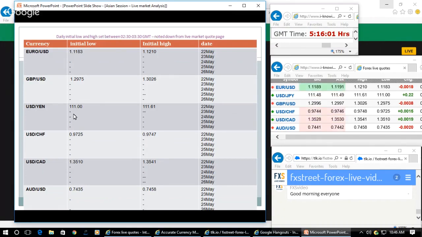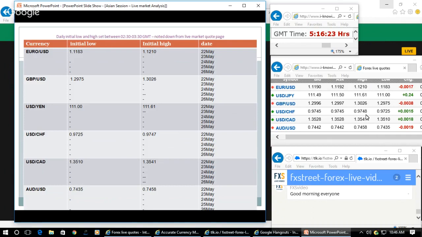Then USD JPY, 111 is the low, 111.61 is the high. Here again they have made the spread more than 40 pips, and they are likely to make a small dip and then gain the levels in the case of USDJPY. Then CHF 97.25 is the low and 97.47 was the high.